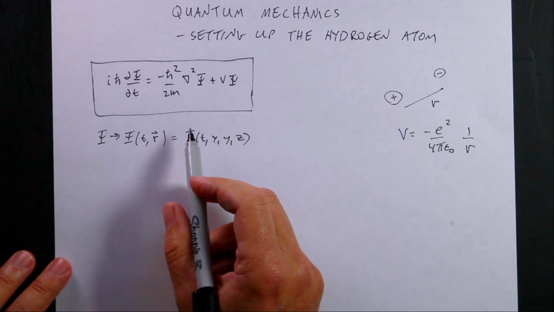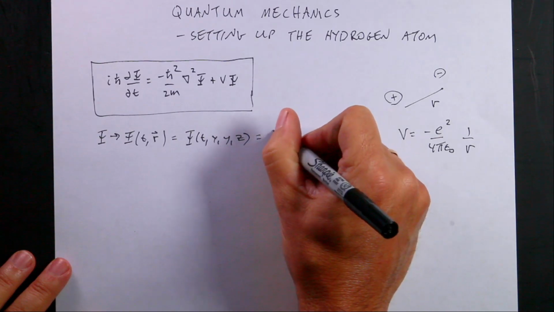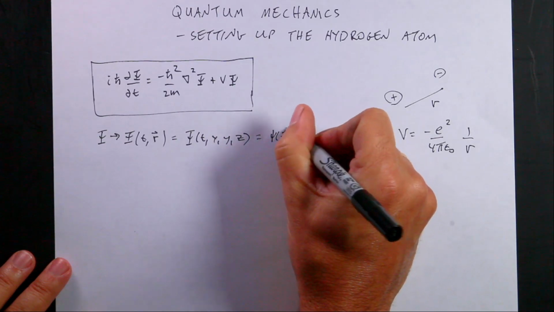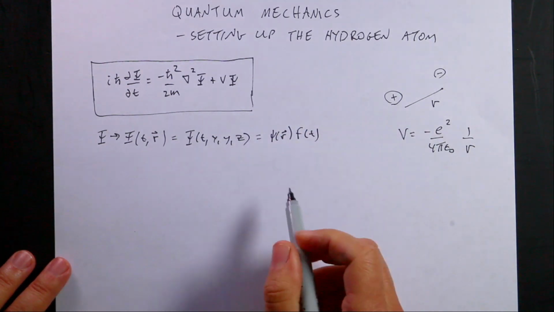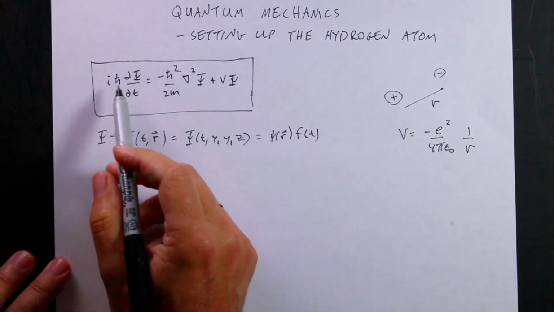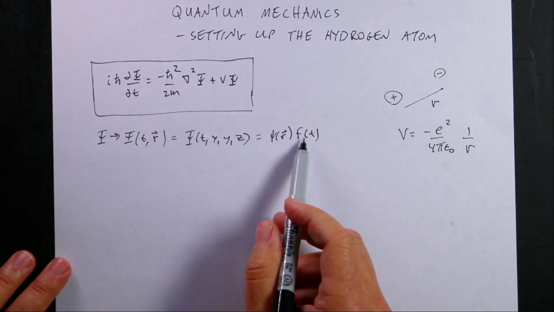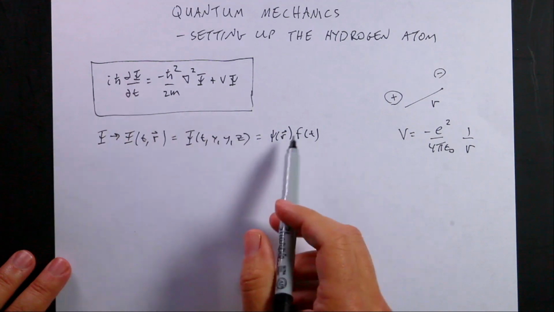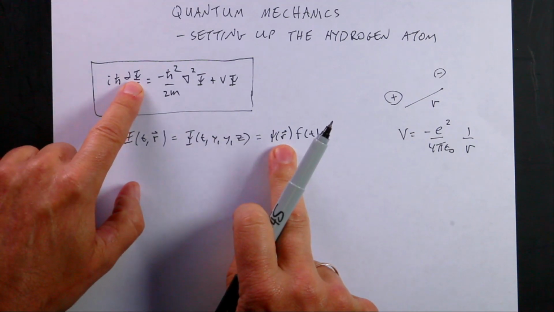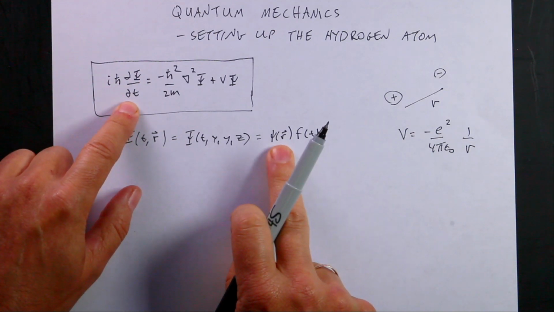Okay, so let's just first off assume that I can write this function as some space function of r times some time function t. So suppose I can write it as a product of functions. If I do that, I can put that in up here. So I'm just going to write this lowercase psi and some function lowercase f. I'm going to put that in up here. Well, if I put this in for psi and I take the partial with respect to time, it's not going to do anything to the space part.